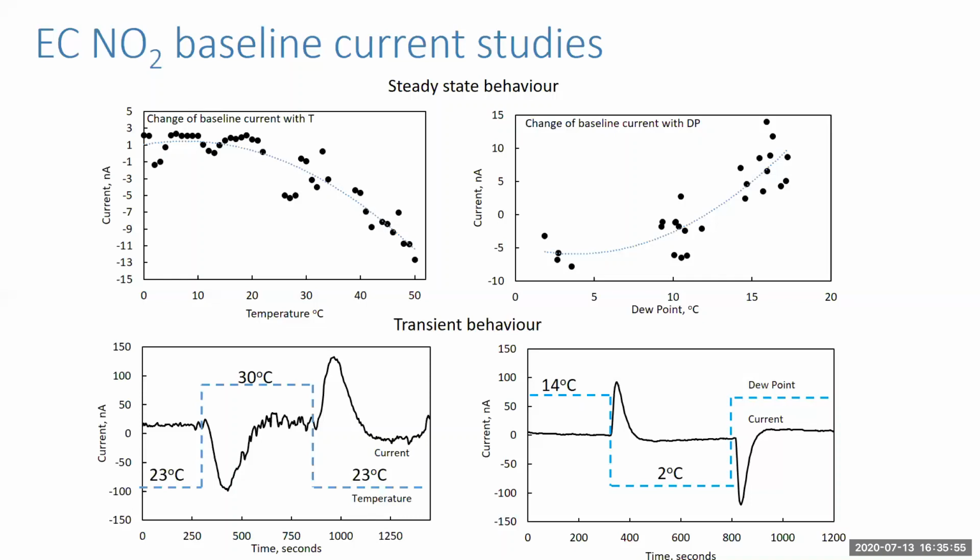And you can note that the size of the currents generated by the transient behaviour are significantly larger, perhaps 10 times larger than the changes due to the steady state behaviour. And the question is why this might be. What's generating these very large transient currents?